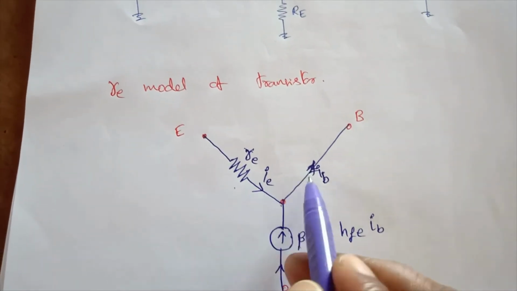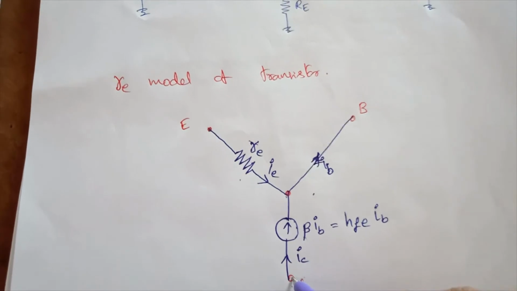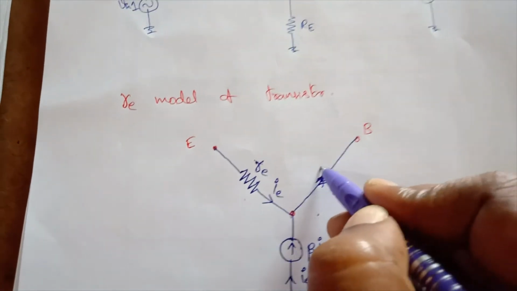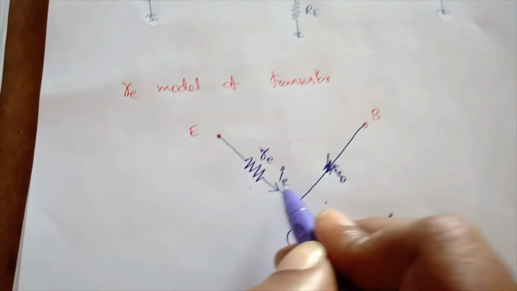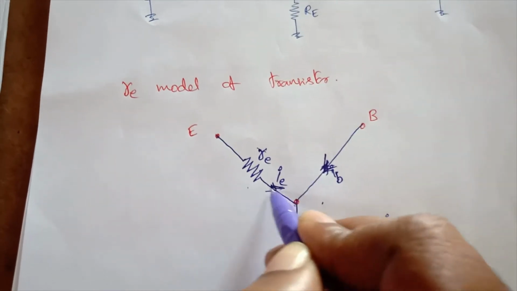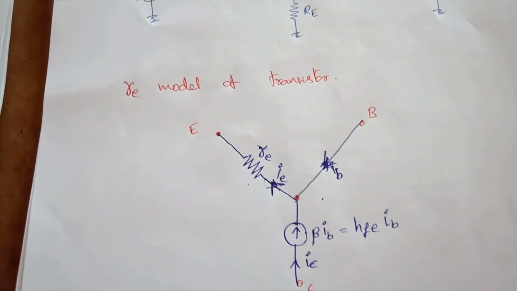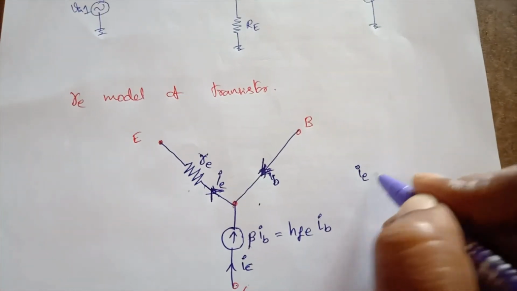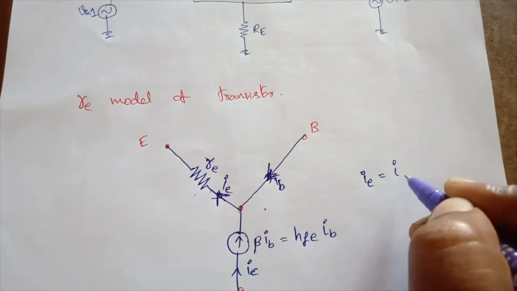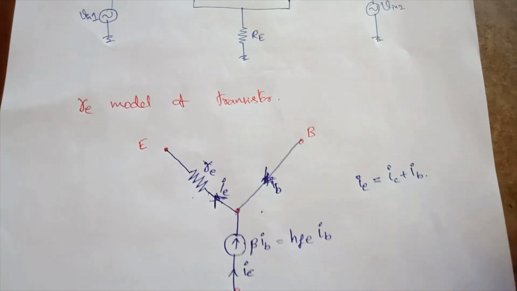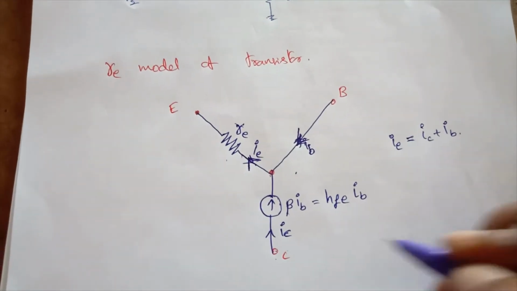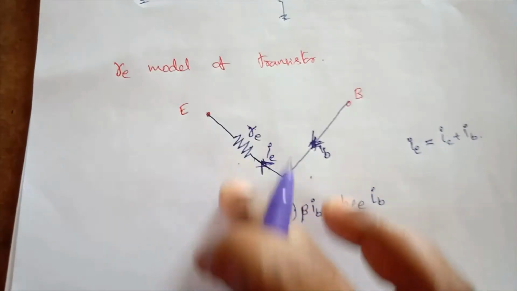Always IE is the sum of IB and IC. Therefore the arrow marks for IB and IC I am taking inwards, and for IE we are taking outward. Always remember that in a transistor IE is the sum of the collector current and the base current. So this is the equivalent RE model of the transistor.